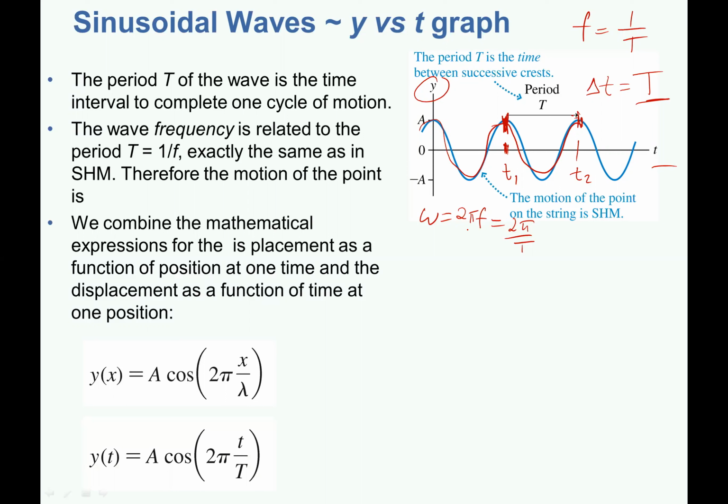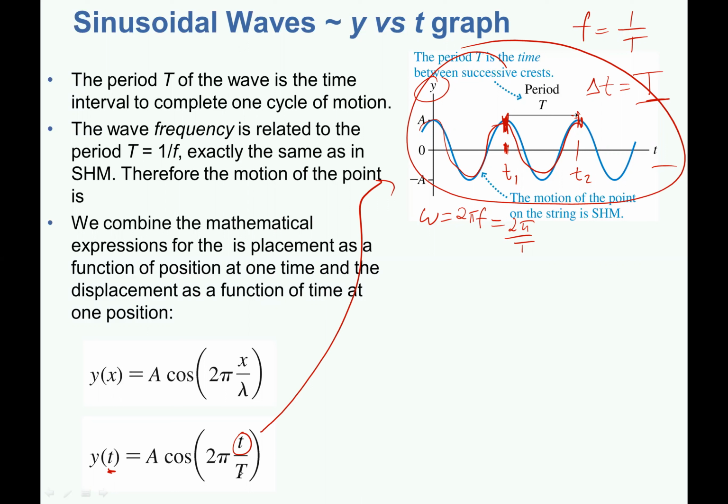And now we have another equation for this graph, where y is a function of time, because this graph gives me y versus t. It equals A cosine, and inside the argument I have the time dependence, 2 pi t over the period.